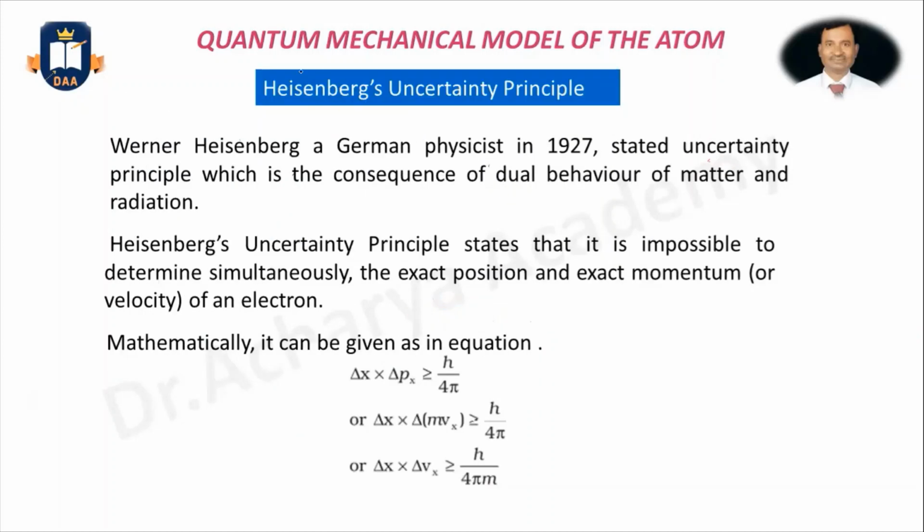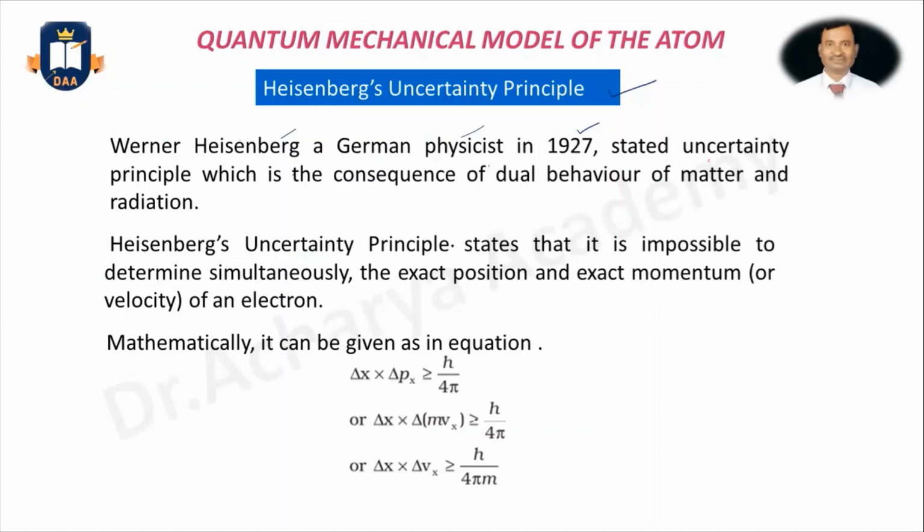Now I'll discuss the Heisenberg uncertainty principle. Werner Heisenberg, who was also a German physicist, in the year 1927 introduced this principle. What is this?